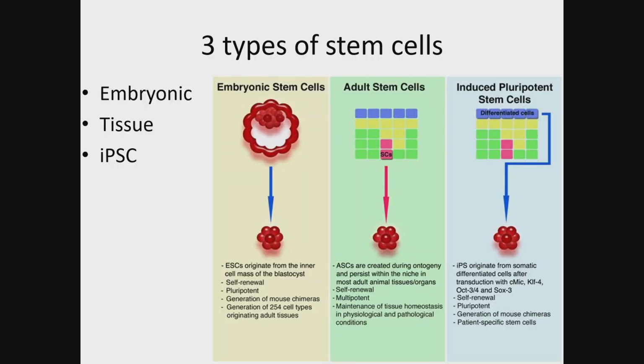In humans, we have at least 254 different cell types in an adult tissue, and all of these cells can be generated from the same pool of stem cells. Then we have adult stem cells, which usually are not pluripotent anymore, they are multipotent.